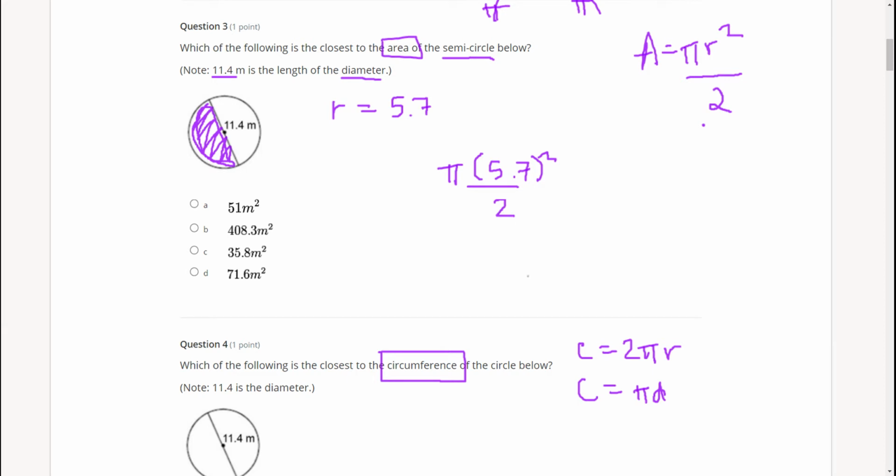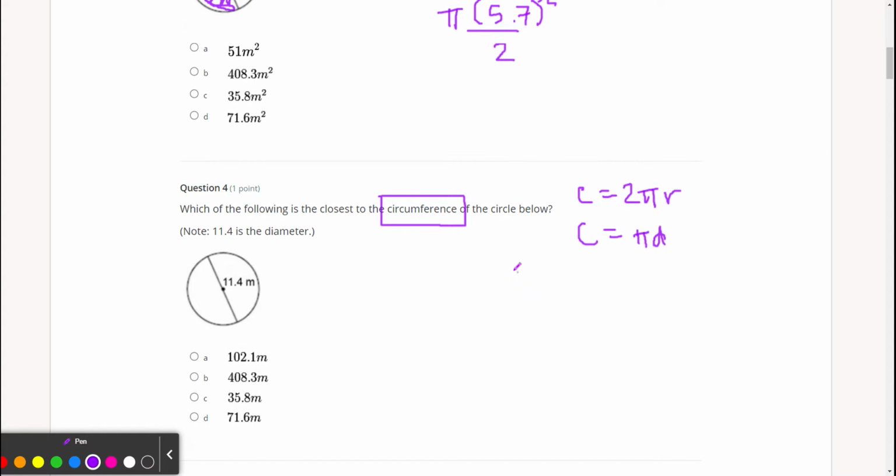So it's pi times 11. I love it when a plan comes together.